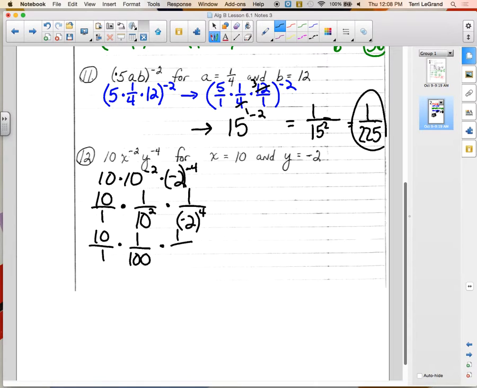Negative times another negative is a positive. By the way, when it's an even number exponent, your answer will always be positive. When it's an odd number, it will always be negative.